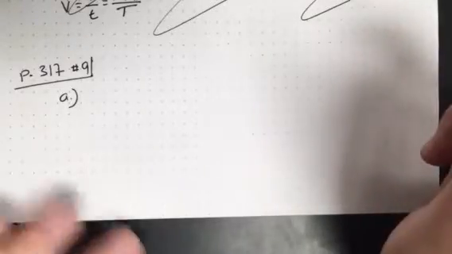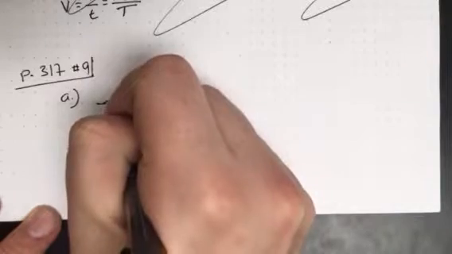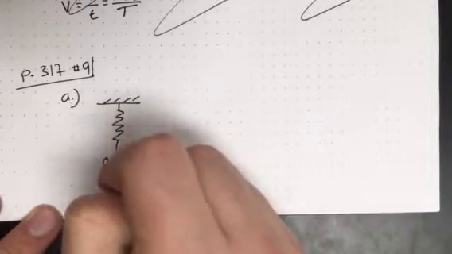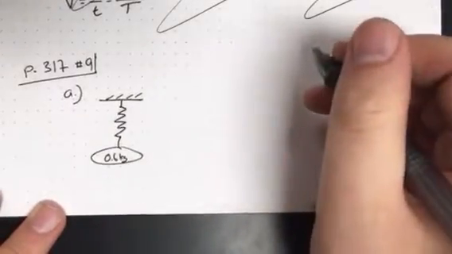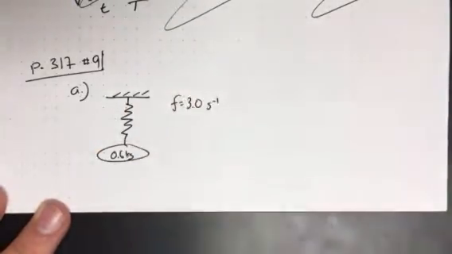So part A says we've got a 0.6 kilogram mass at the end of a spring, and it's vibrating 3 times per second. So 3 times per second, that's a frequency, 3.0 inverse seconds, or hertz.